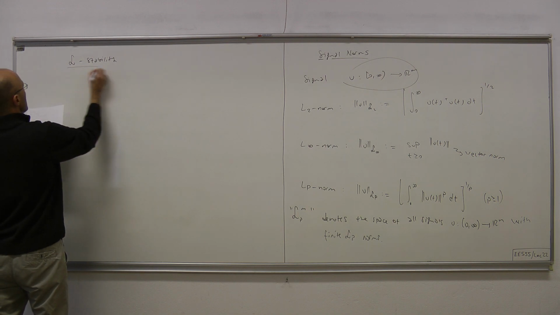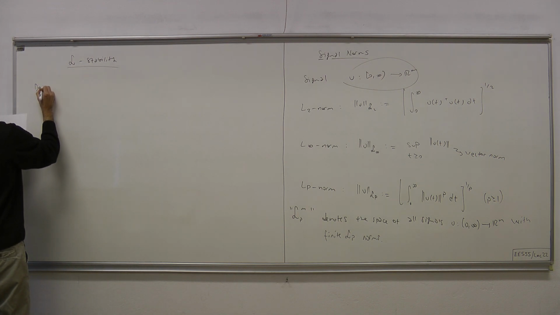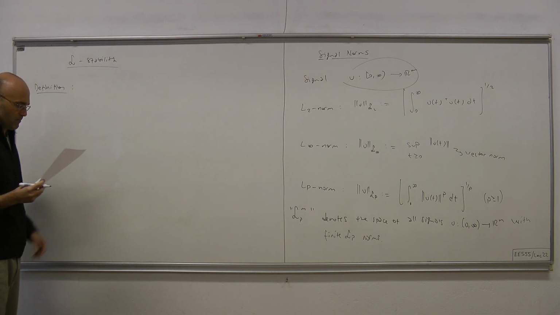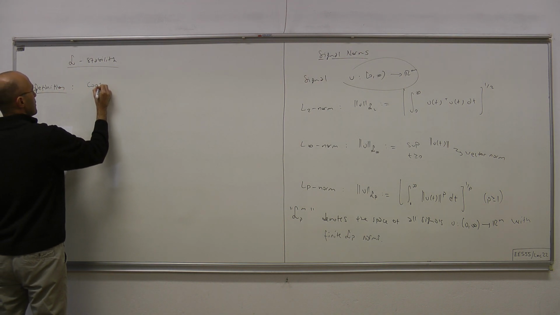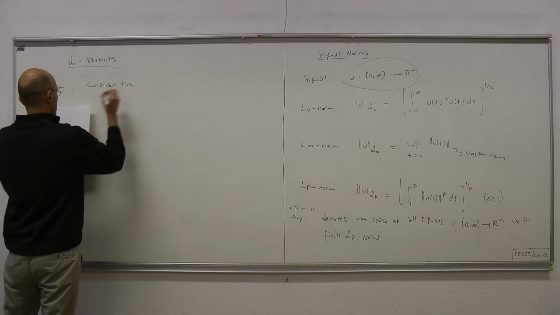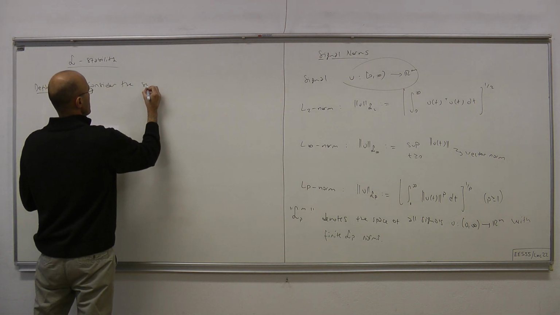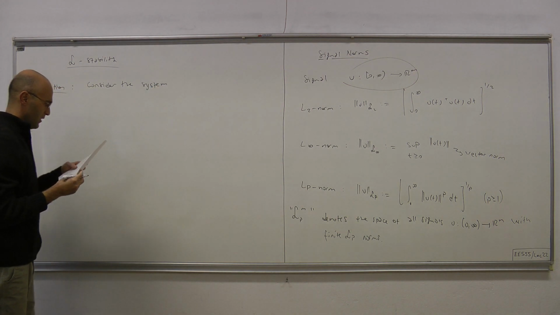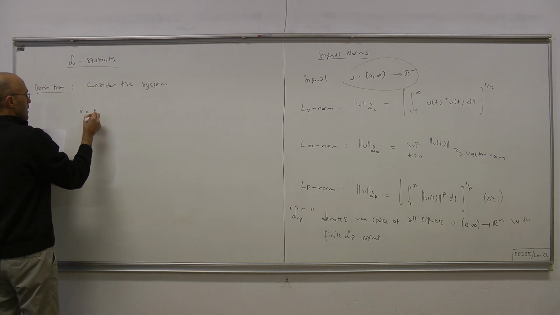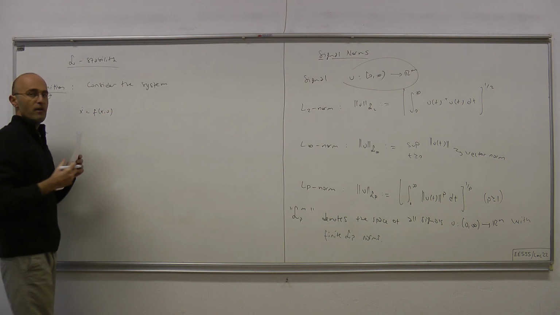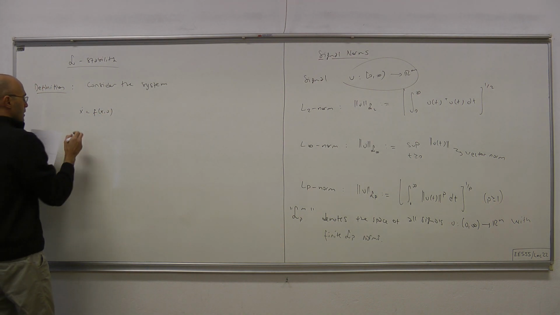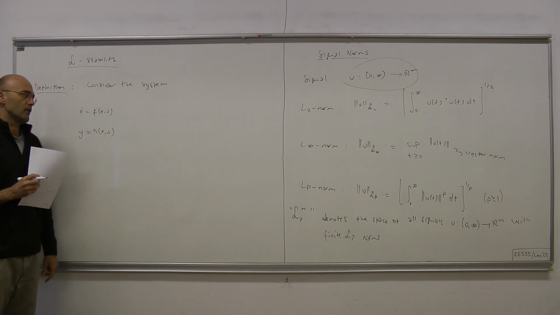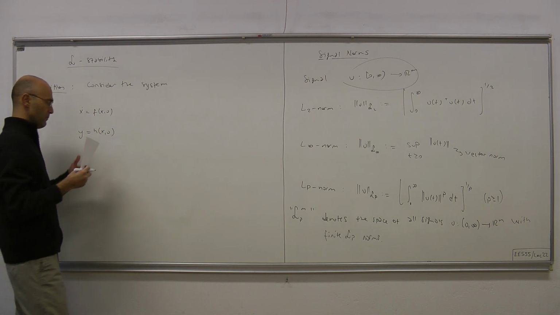Stability. Okay, so here is the definition. Consider the nonlinear system x dot equals f of x, u, y equals some other function of the state and the input.